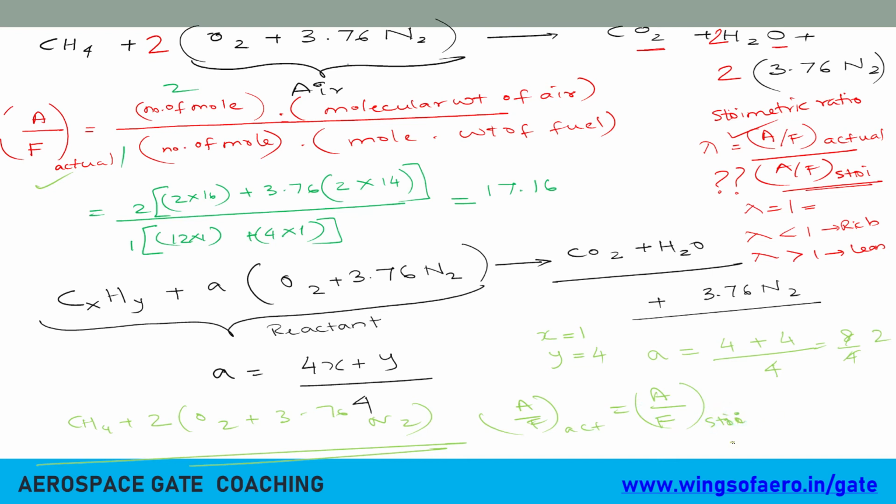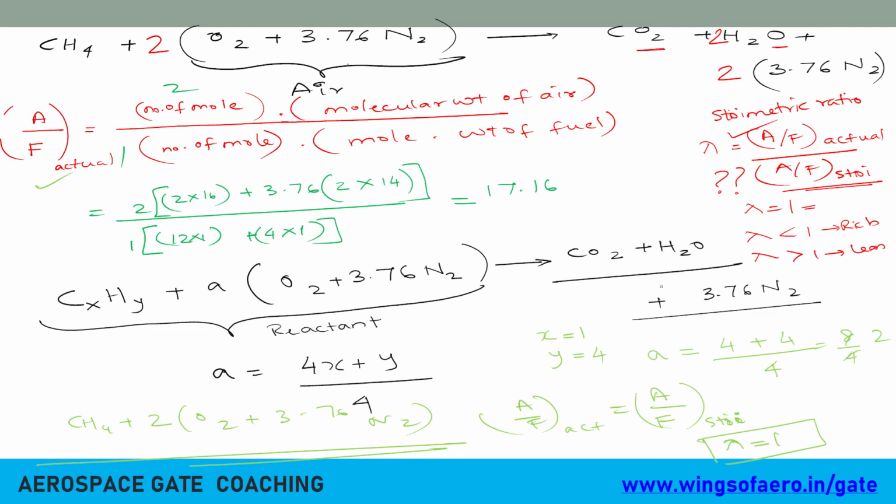Now you tell me what my lambda value will be. It is going to be 1. That means this particular mixture is completely perfect. These are general formats, but in most cases they will be giving you values.